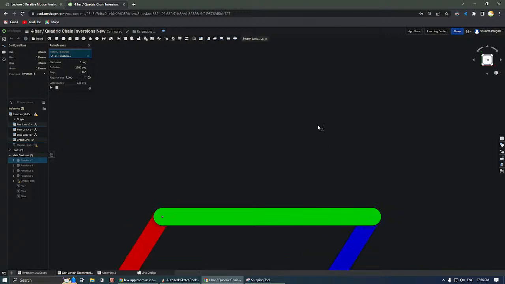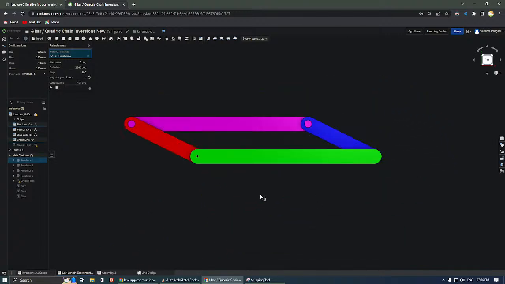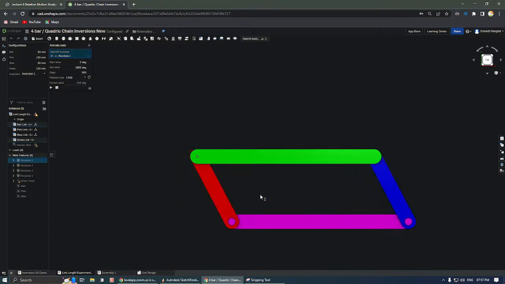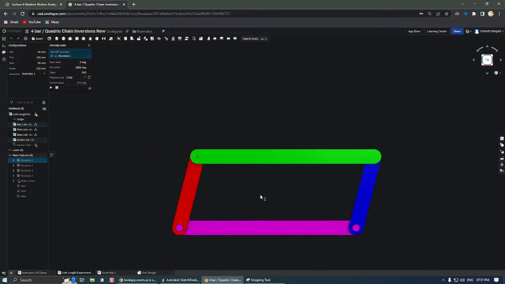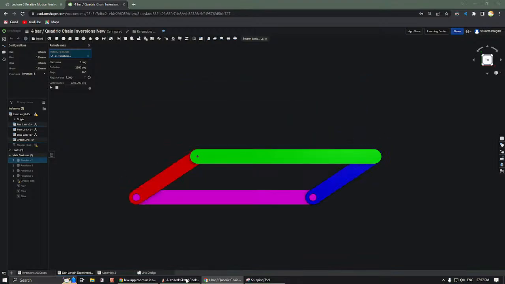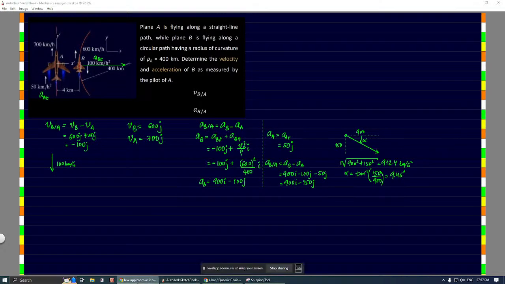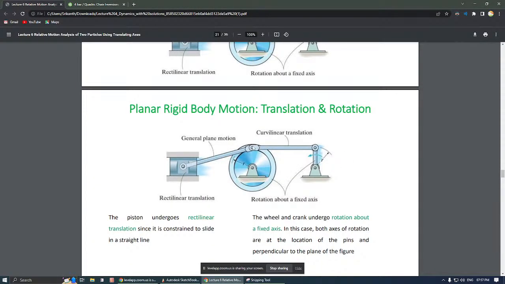Now what about the pink link? Translating. There is no rotation for the pink link, right? This is what he is talking about here. Okay, this link. That's why he's calling it curvilinear translation, because the radius of this and the radius of this is the same.